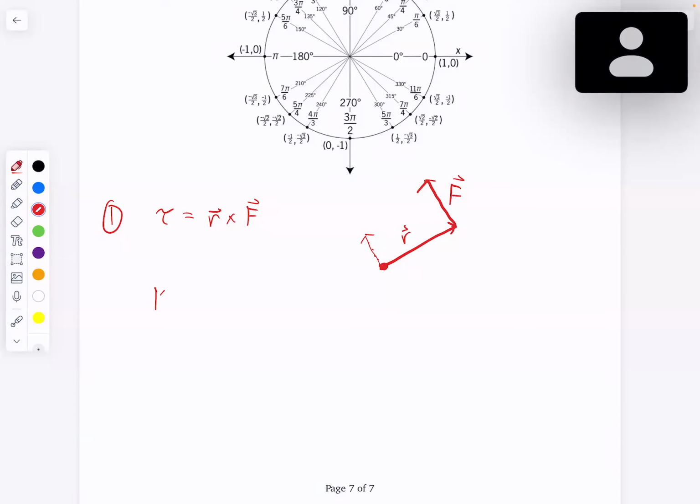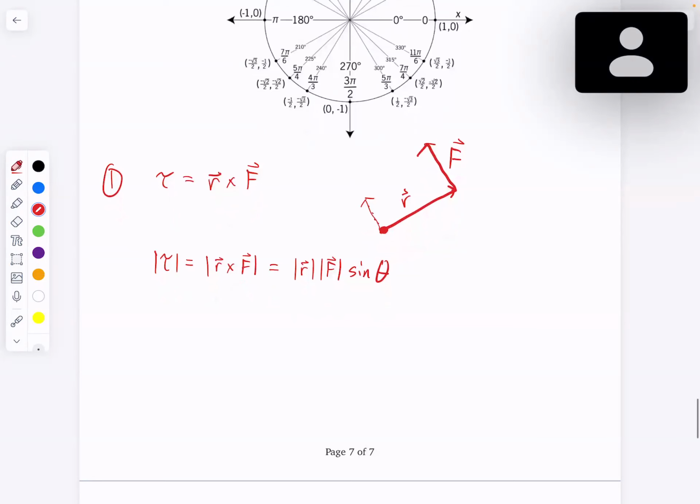The other thing is the magnitude of the torque is equal to the magnitude of the cross product, which is equal to the magnitude of one times the magnitude of the other times the sine of the angle between them. And so that's another way you can get an angle. So that's something you need to know.